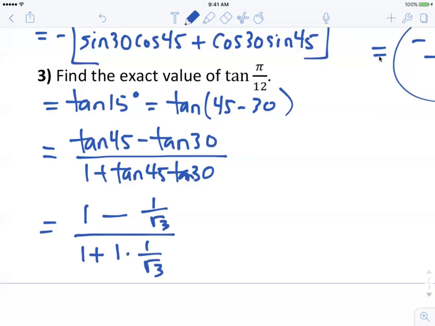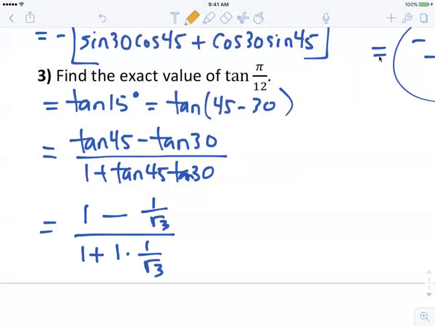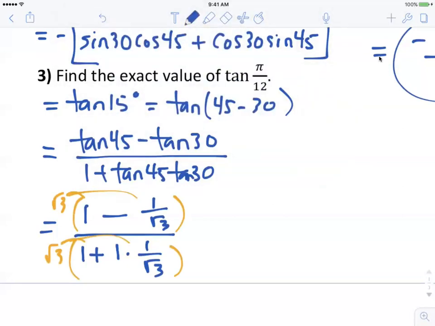Okay, so I've plugged in the values from the unit circle. Next, I need to clean this thing up. So this is all algebra from here on out. A good way to tackle this is to get rid of that complex fraction, multiply the top and the bottom by root 3. And then you can just distribute. That'll cancel out those fractions.